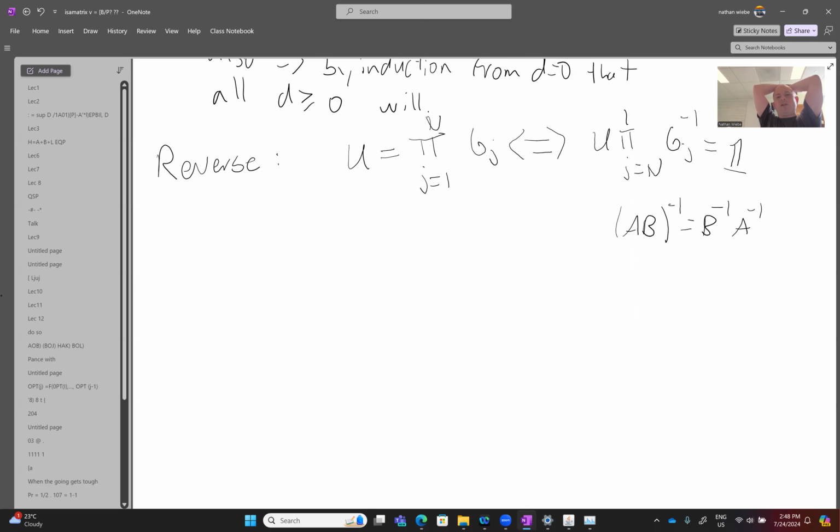Okay, so that's the strategy that we're going to use here. We're going to try to peel this back one layer at a time. We want to show that if we've got a larger degree polynomial that we want to deal with, we can always reduce it to a lower degree polynomial.